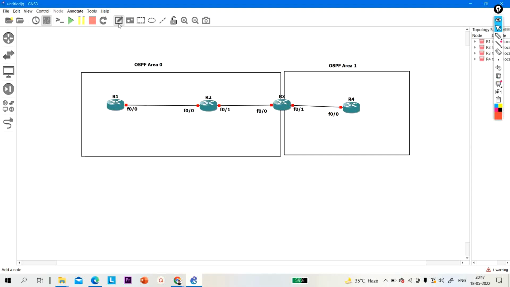Suppose here I am running network 12.1.1.0, 23.1.1.0.